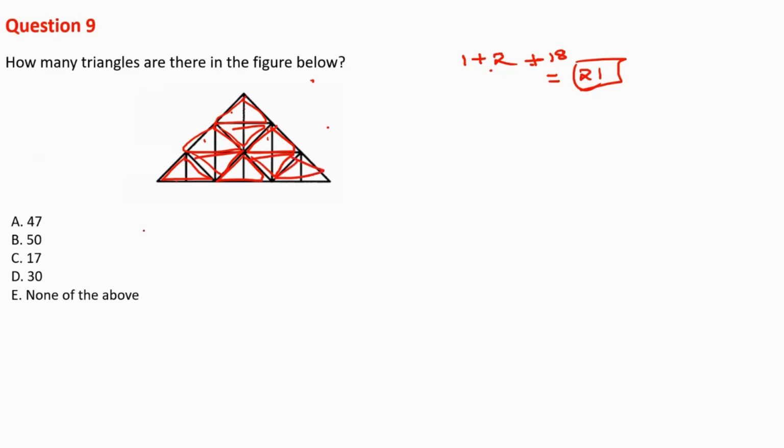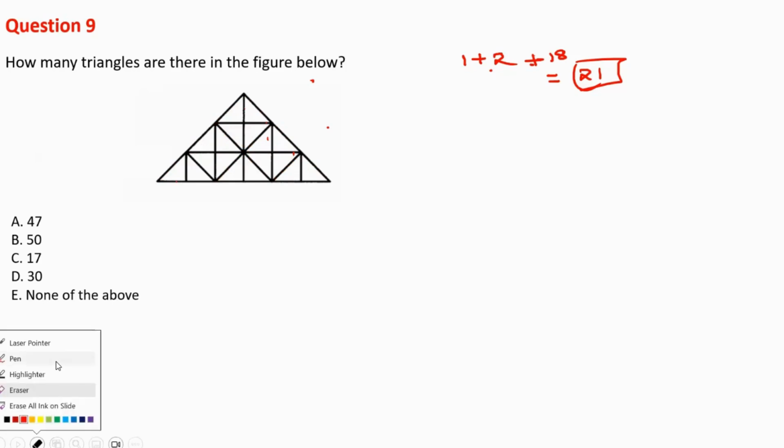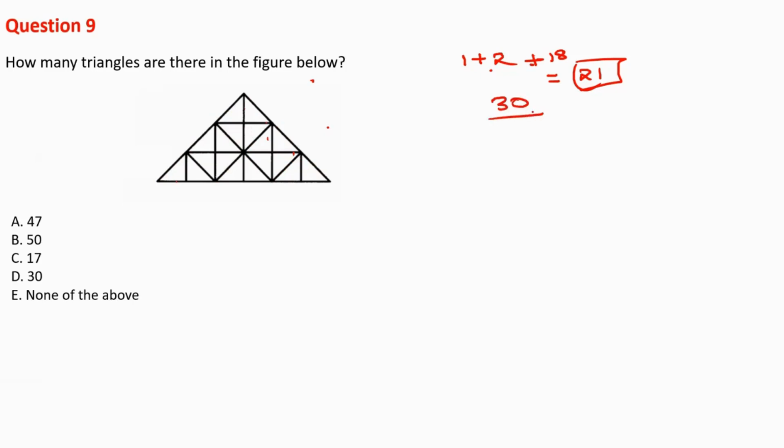Okay, we had 30 so far. Now we'll do it the other way around, left to right. We'll keep it noted so that we don't forget, 30 so far.